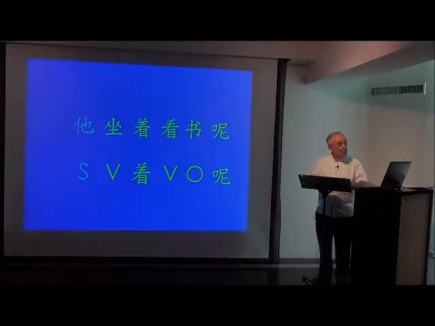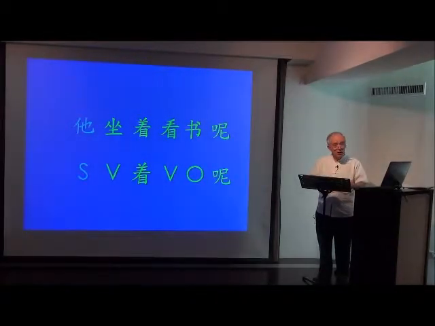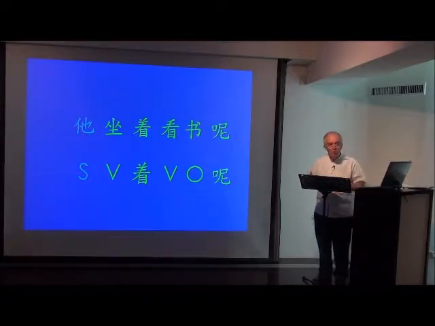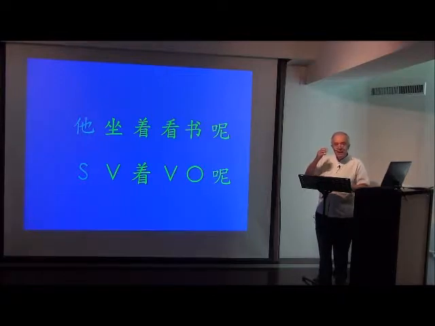But then we need to look at 他坐着看书呢. And here, this indicates the posture or manner in which an activity is being carried out. So for instance, he eats seated. He reads standing.